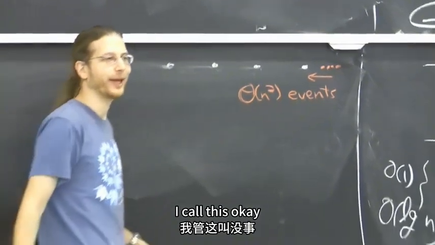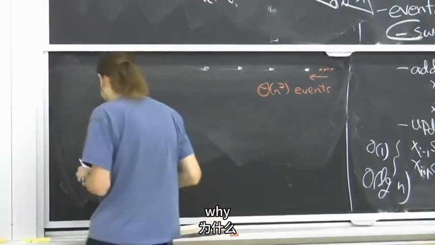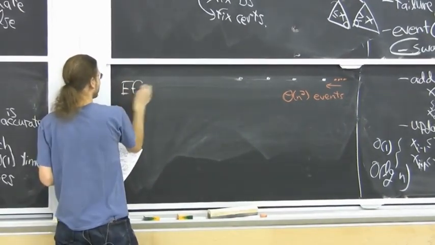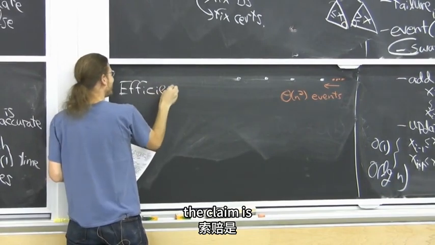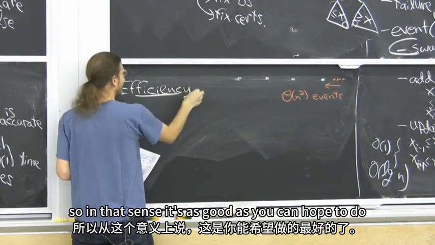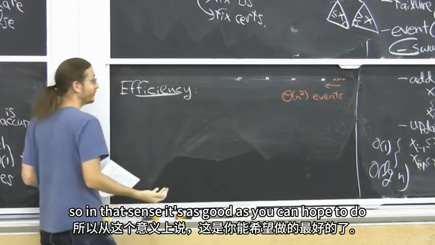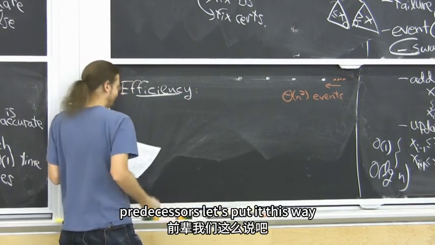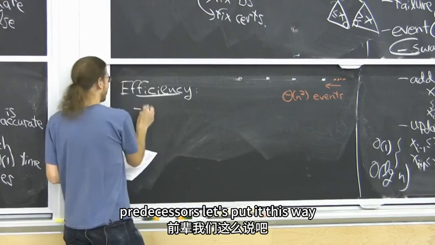I call this okay. Why? Because of efficiency. The claim is this is sort of the best you could hope to do. So in that sense, it's as good as you can hope to do. If you want to maintain predecessors, let's put it this way.